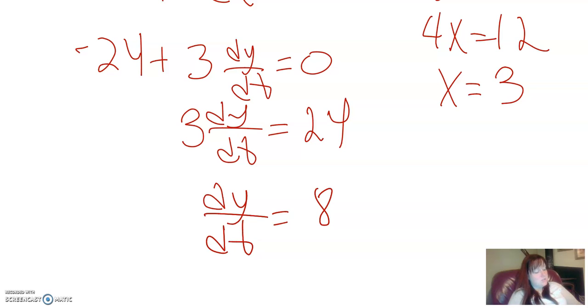So the rate of change of y with respect to t at these specific places, where y equals 4, x equals 3, and so on, is 8.